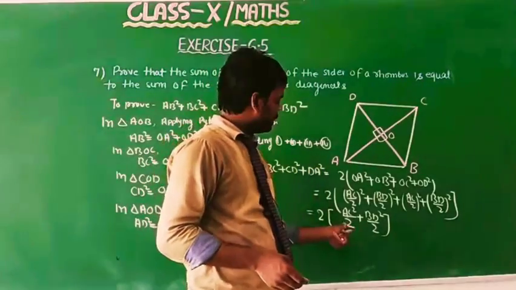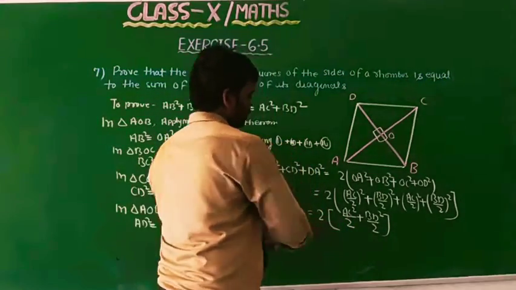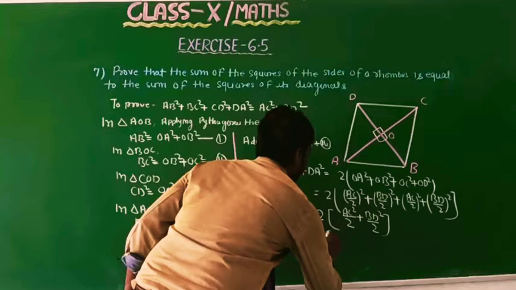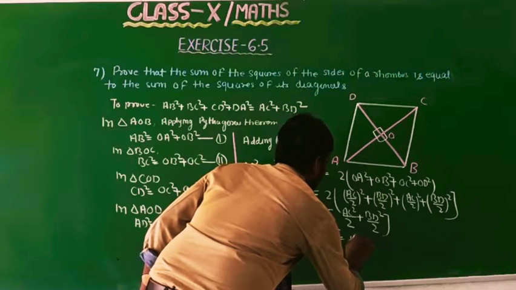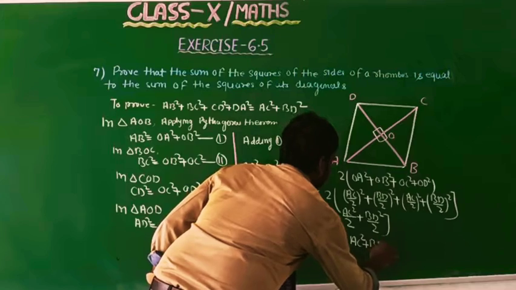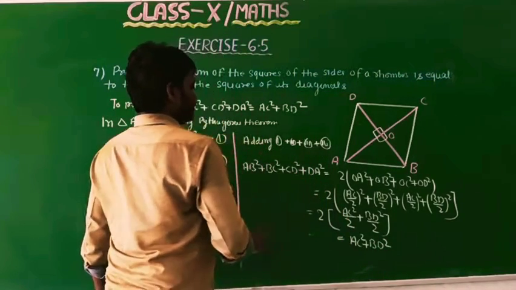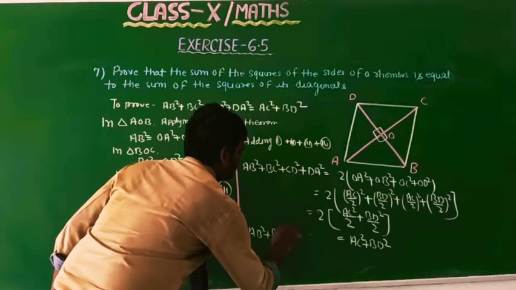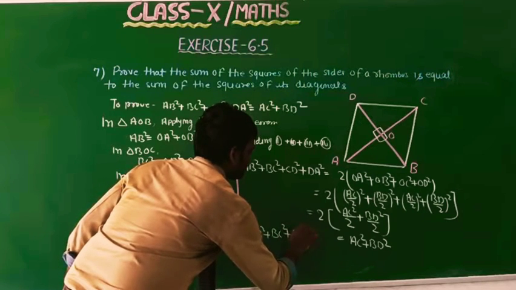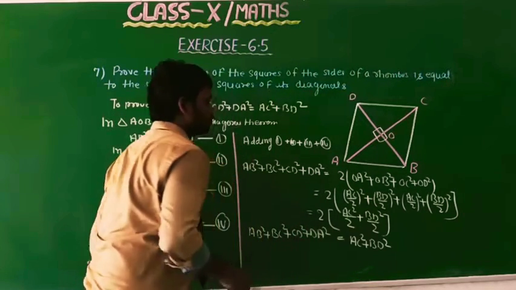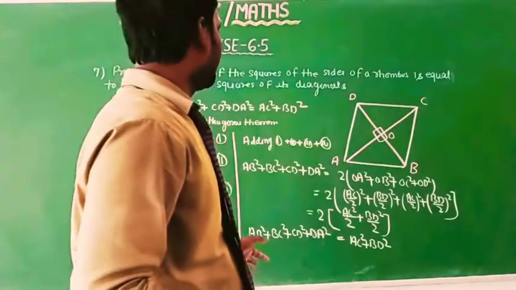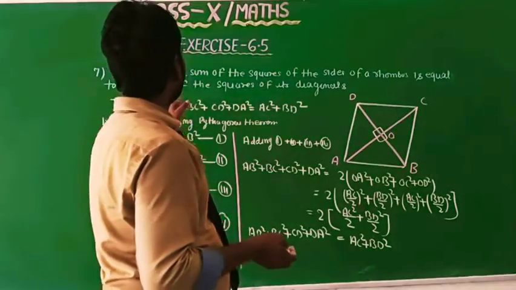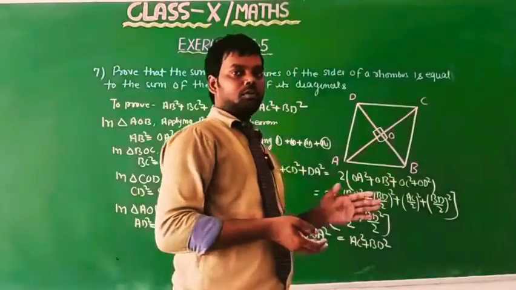Now taking 2 as common, 2 into 1 by 2 cancel, so finally we will get AC square plus BD square. So this is AB square, BC square, CD square plus DA square equal to AC square plus BD square. So here we have to prove the sum of the square of the sides is equal to the sum of the square of their diagonals. Okay.